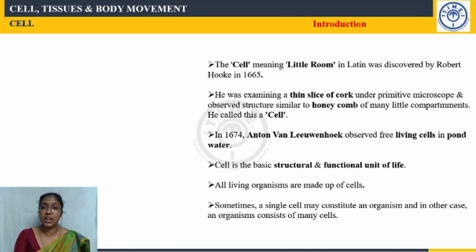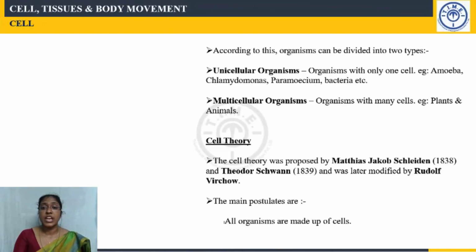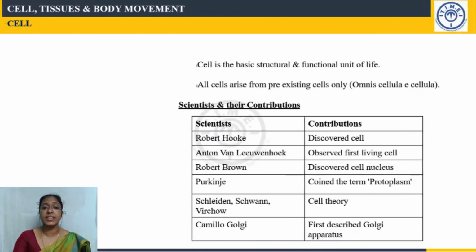Depending upon the number of cells, organisms can be divided into unicellular and multicellular. Cell theory was proposed by Schleiden and Schwann, and later modified by Rudolf Virchow. What are the main postulates? All organisms are made of cells. The cell is the basic structural and functional unit of life.